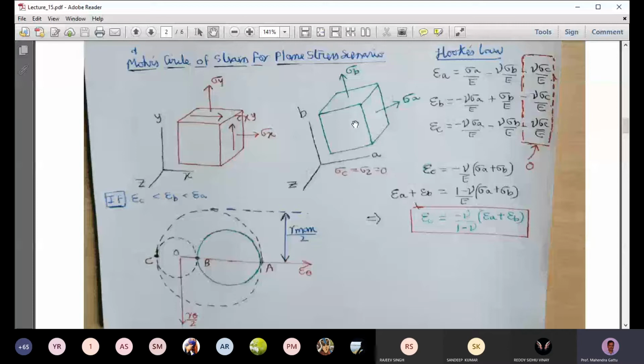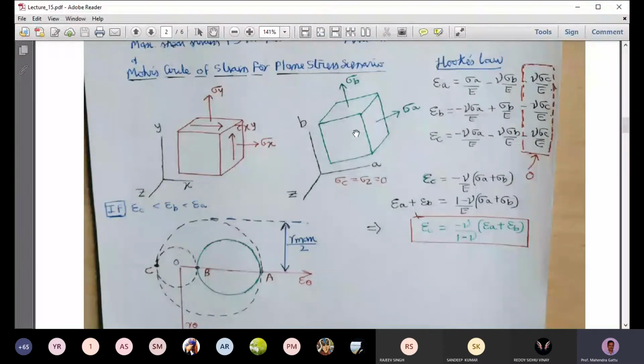With this information, we can now apply Hooke's law and try to get the strains in the A direction, strains along B, and strains along the Z direction.